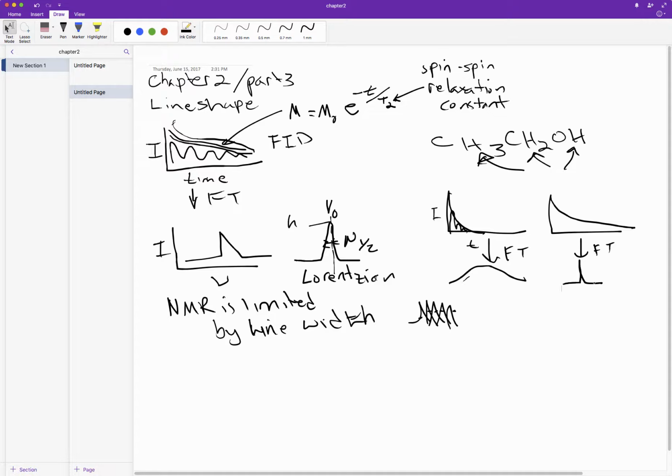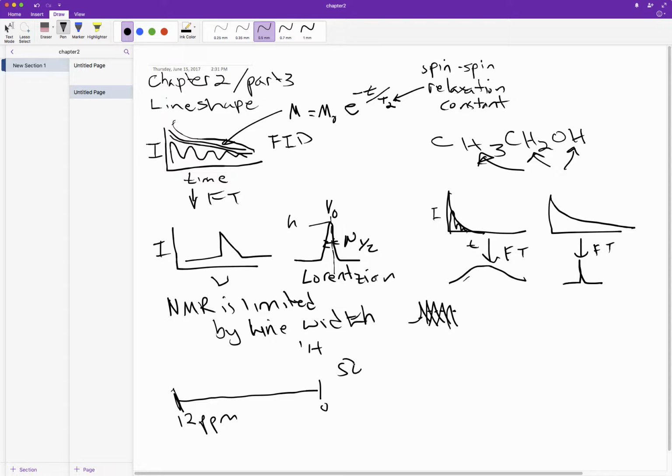And just for background purposes, you have a limited window that you're working on here. So if you have something from 0 to 12 ppm, that is your typical proton window for chemical shifts.